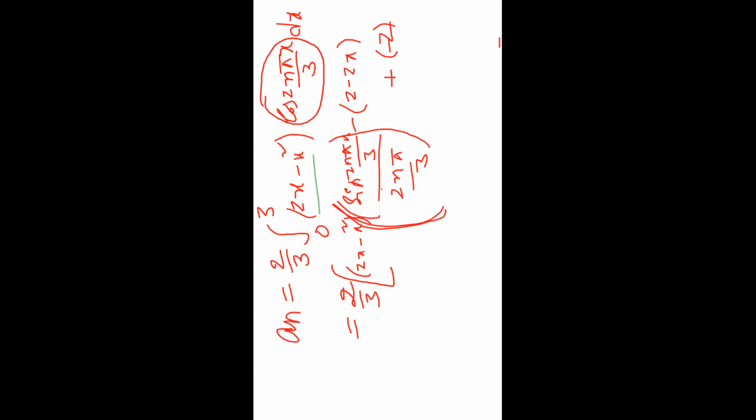And the integral of this bracket, the total bracket, integral of sin is minus cos 2n pi x by 3 by 2 square, 4 pi square n square by 9.